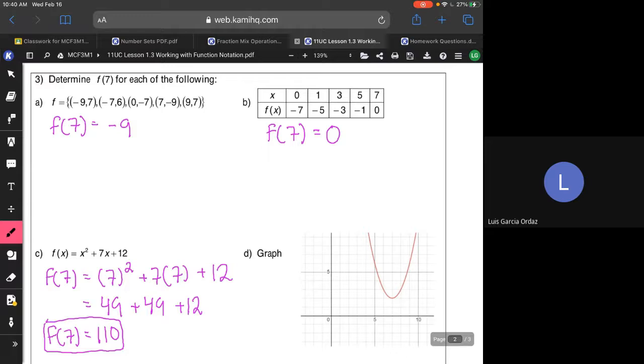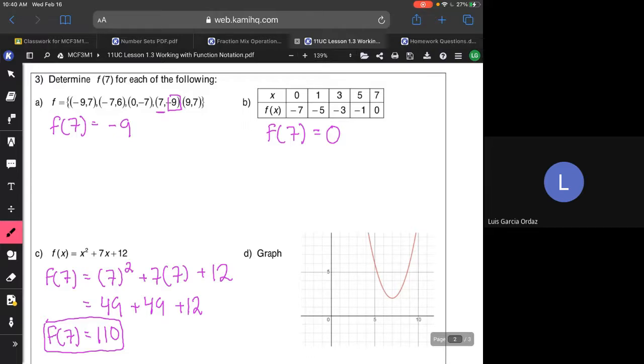Okay, so this is my x value where it's 7, and that's my y value, -9. What about all the other ones? You just find where x is 7, because I'm asking for f at 7. For the first one, how do we get 9? I need to find f when x is 7. That's why it's f of 7.